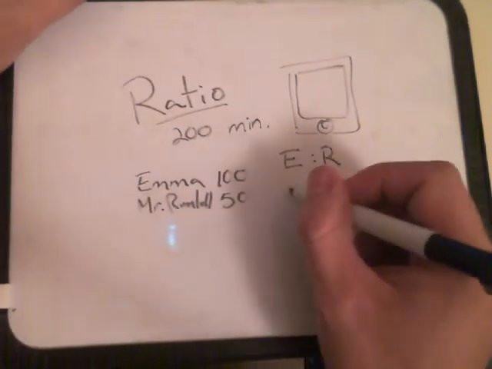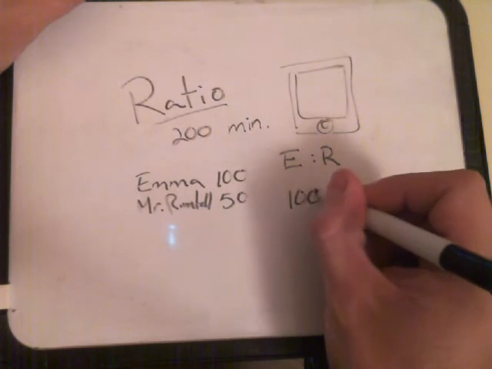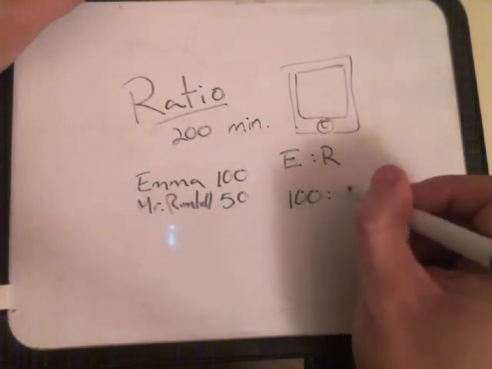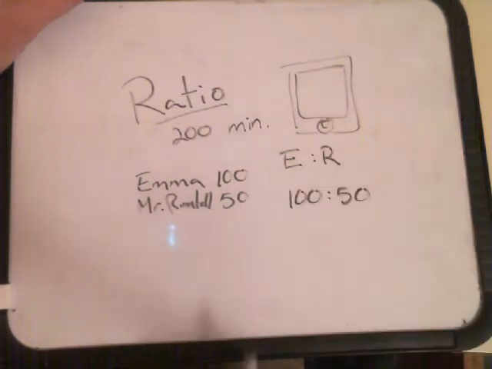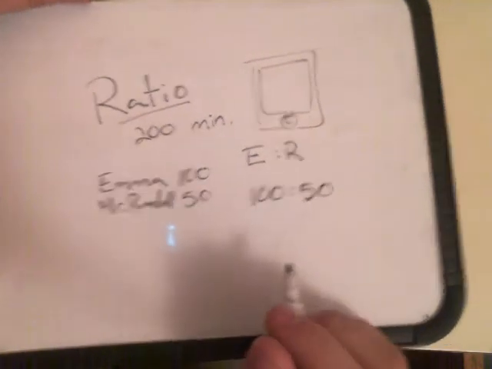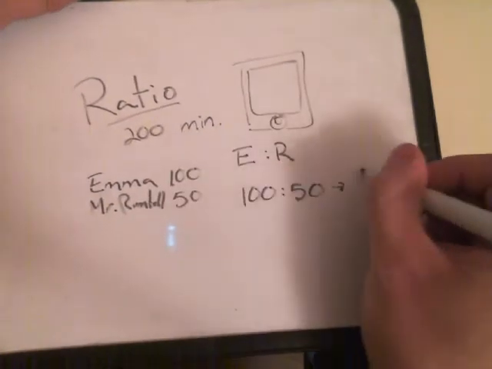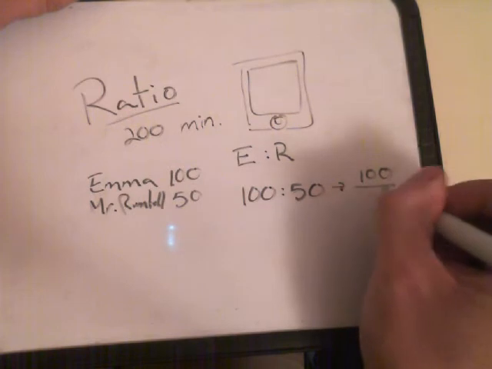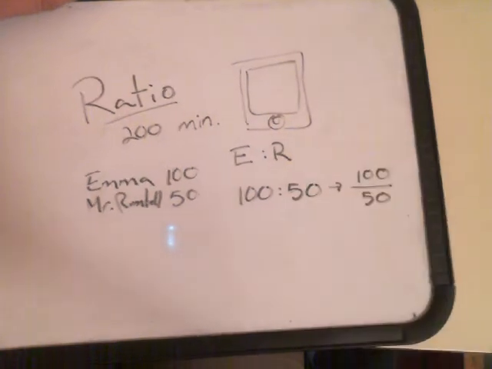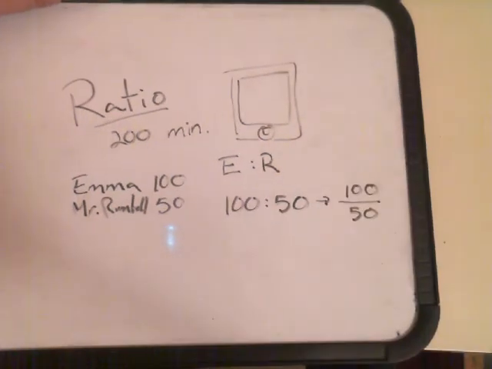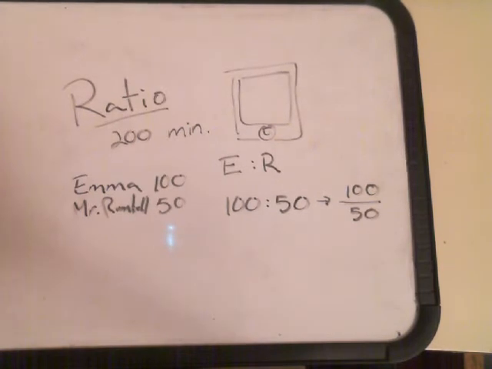So, for example, I could say that the number of minutes is 100 to 50. And another way of expressing that could be 100 over 50. Yeah? And that is a pretty simple way of comparing the two quantities. And if someone said, hey, Mr. Johnson, what's the ratio of the time you spent talking on the phone to Emma to Mr. Rumble? I could say about 100 to 50.